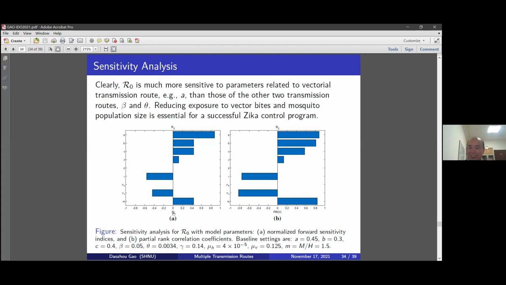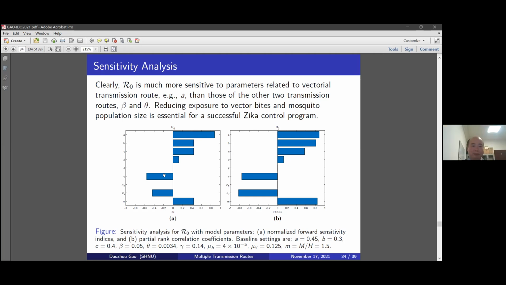If this number is large, the sensitivity index is large, which means R0 is very sensitive to that parameter. I see. Thank you very much.